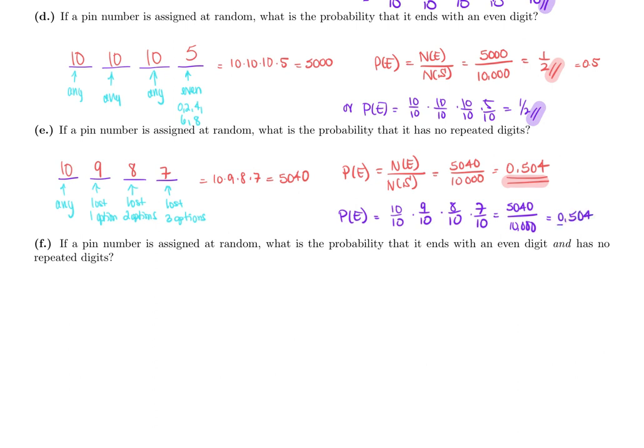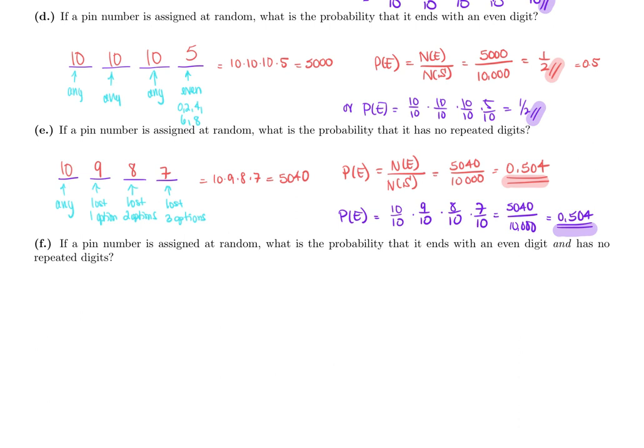So it doesn't really change our outcome. It doesn't matter to me which approach you take here. You could do the 5,040 over 10,000 by doing 10 times 9 times 8 times 7 and dividing it by 10 times 10 times 10 times 10, or you can do them all separately. In the end, they are exactly the same thing. So it doesn't matter to me which approach you take, either the red one or the purple one.